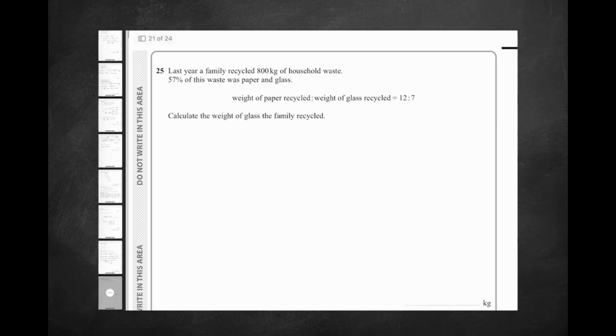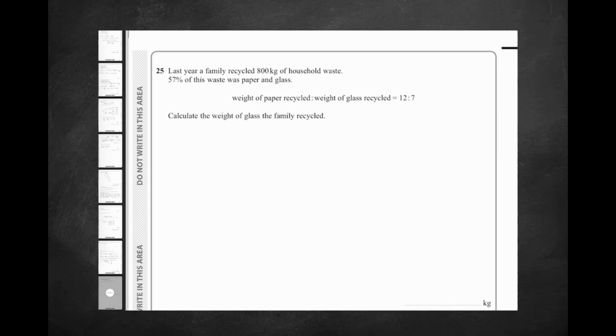Question 25. Last year, a family recycled 800 kilograms of household waste. 57% of this waste was paper and glass. The weight of paper recycled, ratioed with the weight of glass recycled, is 12 to 7. Calculate the weight of the glass the family recycled.